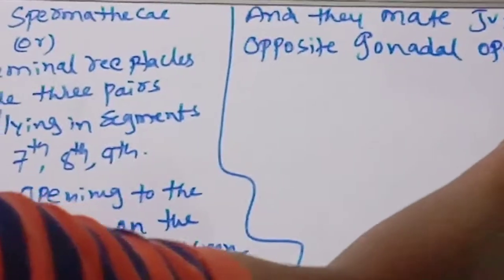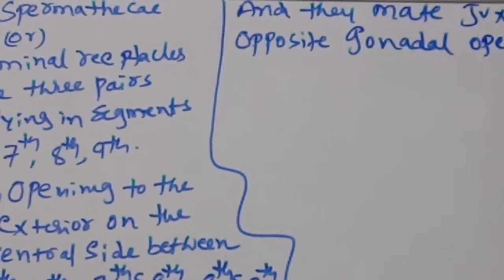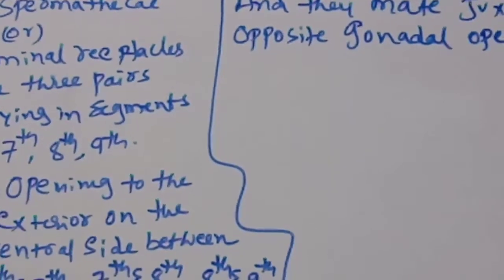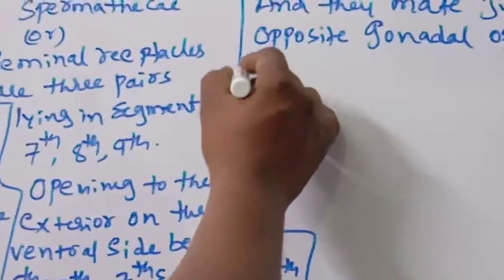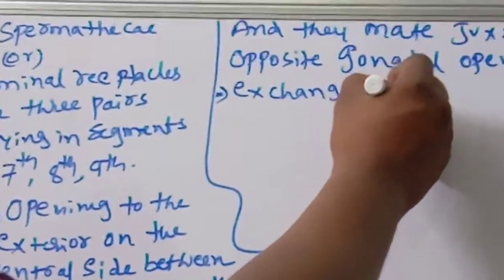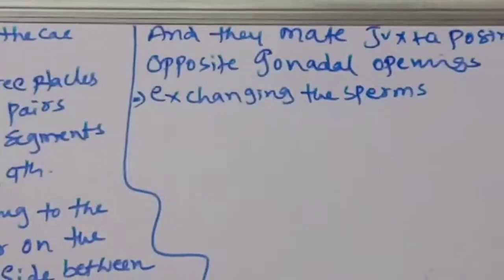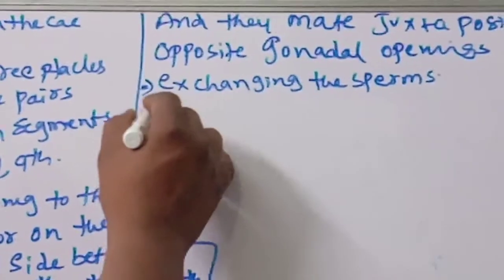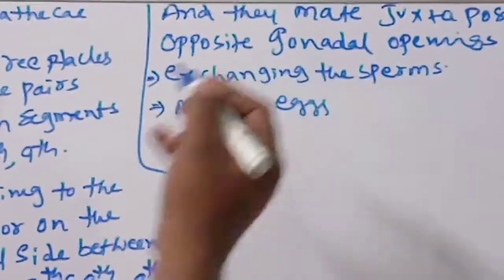Children, this is important. Then exchanging the sperms takes place. Next, mature eggs.